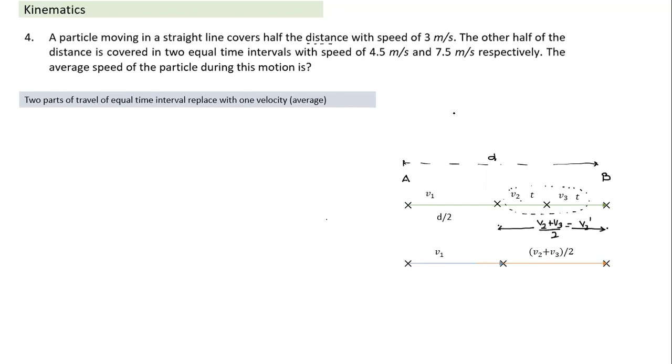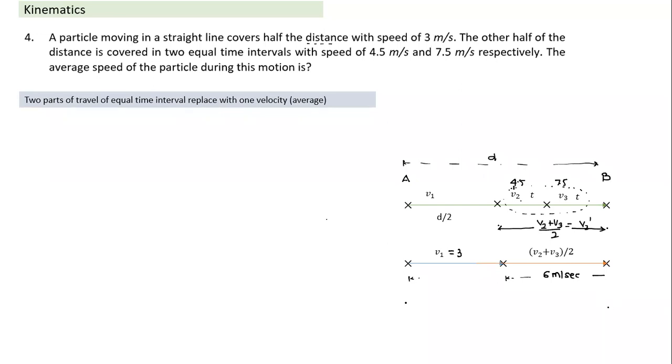So if I have to actually solve this question, what are these values? V2 was equal to 4.5 and V3 was 7.5. If I take the average velocity, the sum is 12, so I replace it with 6 meters per second. It is equivalent to this half the distance being traveled at a speed of 6 meters per second, and the first part of the distance at 3.